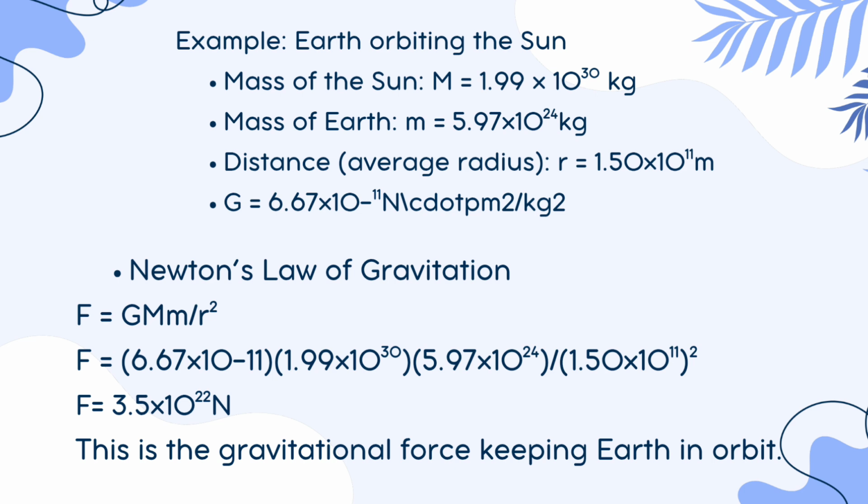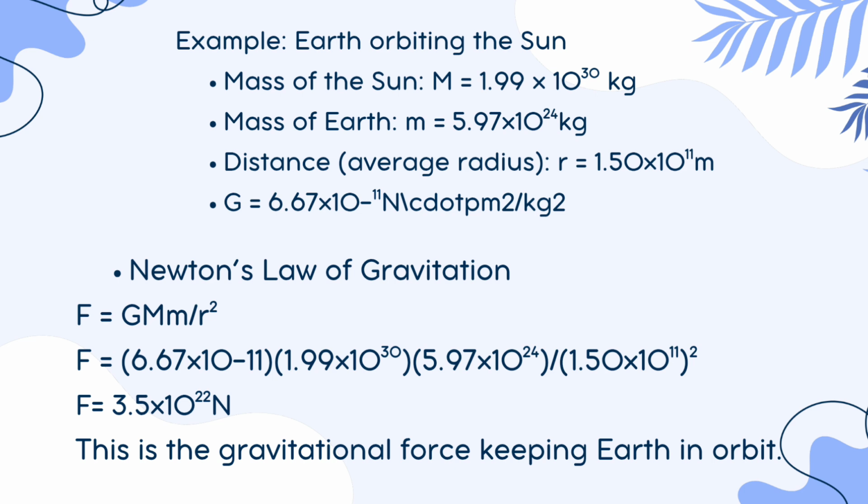In solving this, we're going to use the formula G M m over r squared. First we have our G, which is 6.67 times 10 to the power of negative 11, and we have our M, which is 1.99 times 10 to the power of 30. And we have the mass of Earth, which is 5.97 times 10 to the power of 24.